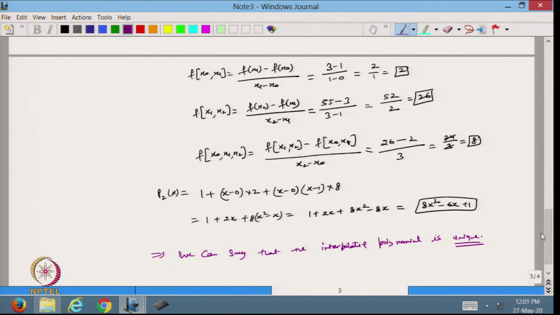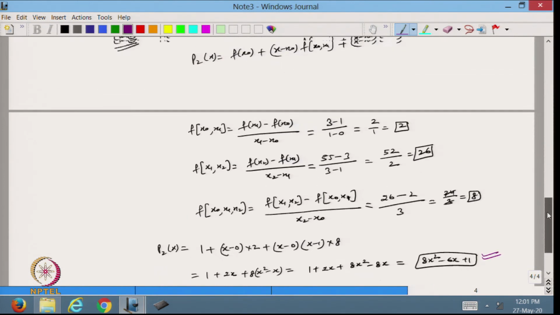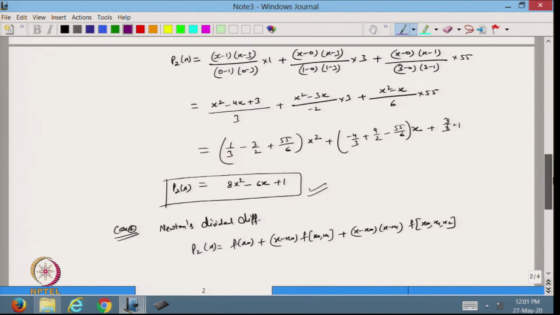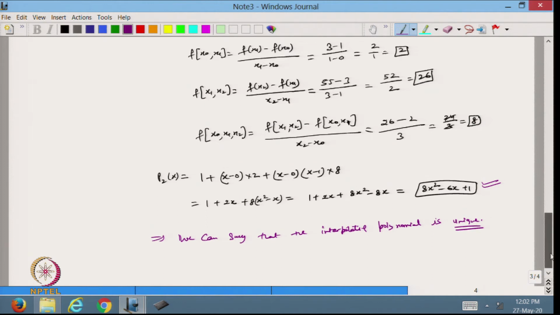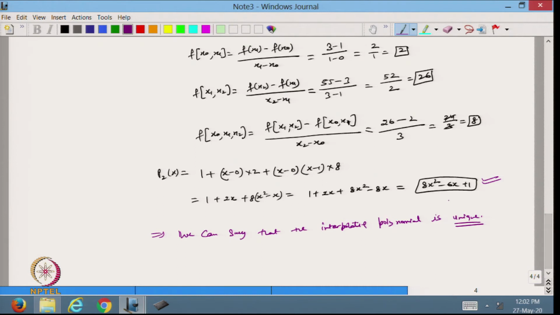Writing the interpolating polynomial using Newton divided difference is much easier as compared to Lagrange. We have already said that the interpolating polynomial will be unique; it can be written in either form, Lagrange or Newton divided difference, but it will be unique. So that is the verification of what we did in the previous lecture, the theorem that the interpolating polynomial for non-equispaced data is unique.